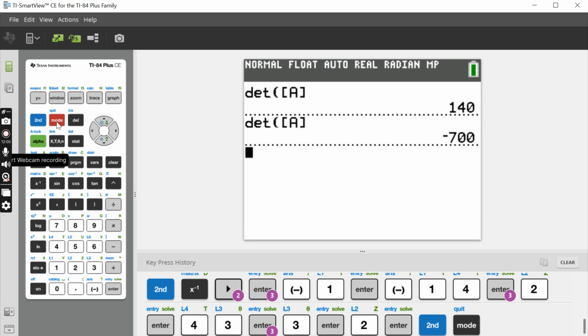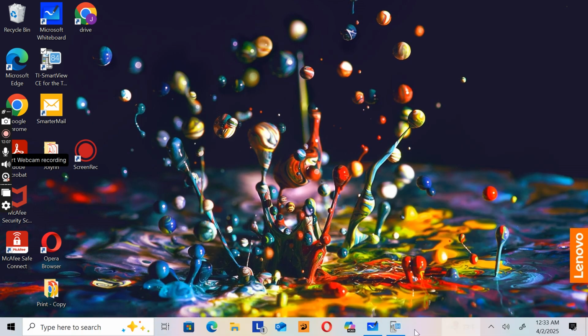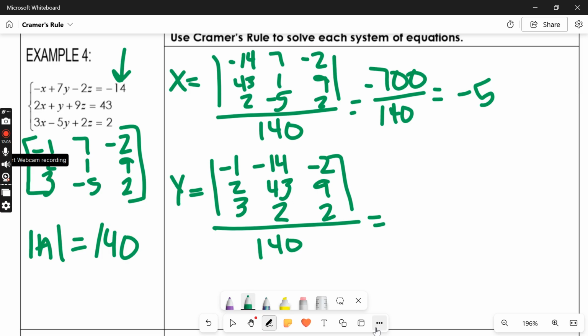Hit second quit, and then I can just hit enter. So this one's negative 140. So negative 140 divided by 140, which is just negative 1.